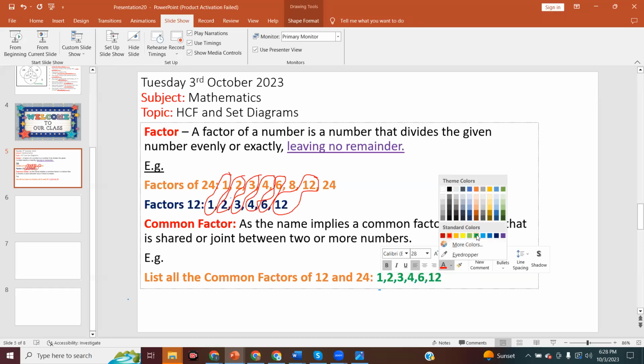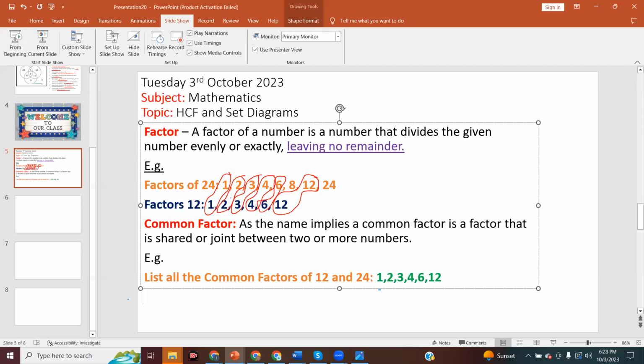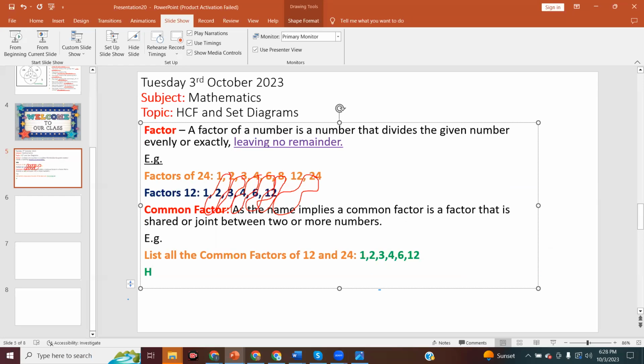All right, now let's define some people call it greatest common factor or highest common factor. Both are the same. So by definition, what is the highest common factor?